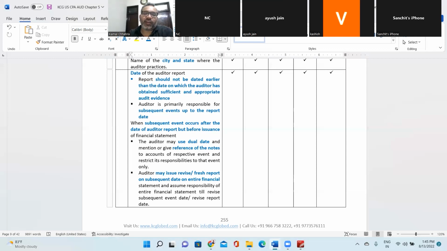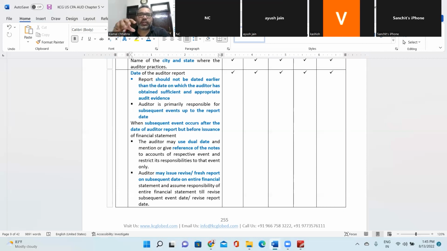Okay, so an auditor may use dual dating and mention or give reference to the notes to accounts of the respective event and restrict the responsibility to that event. Second is, the auditor may issue a revised or fresh report on a subsequent date on the entire financial statements and assume the responsibility for the entire financial statements till the revised date. So two things are possible.